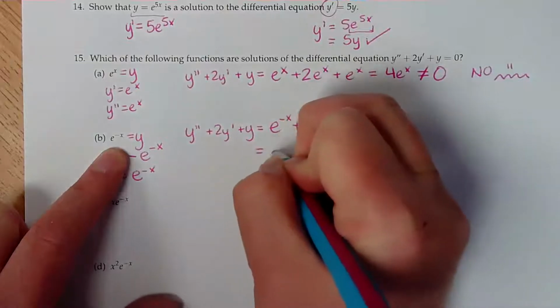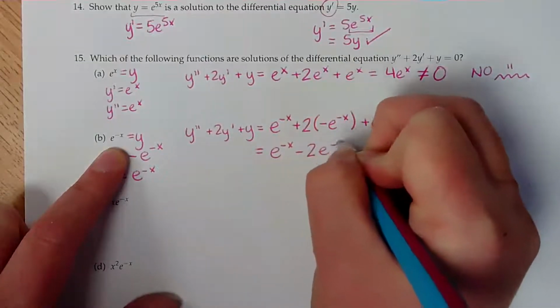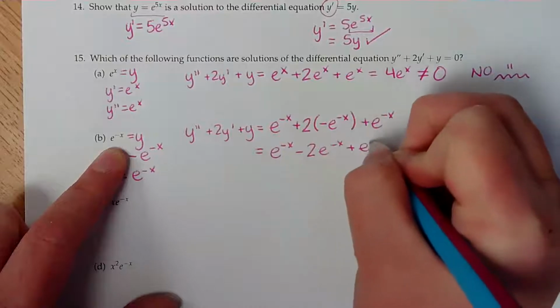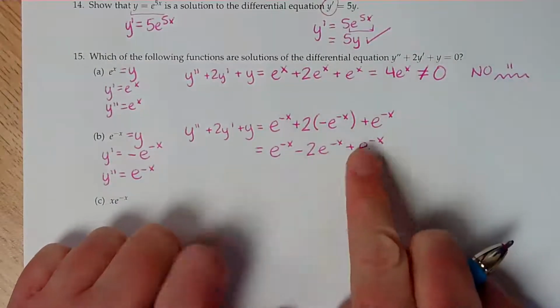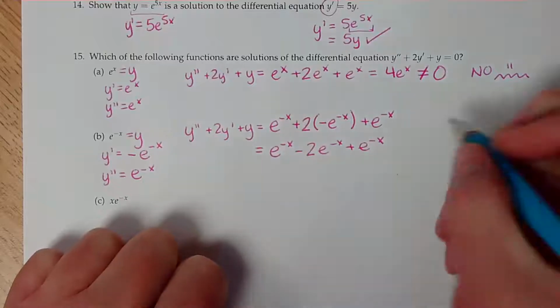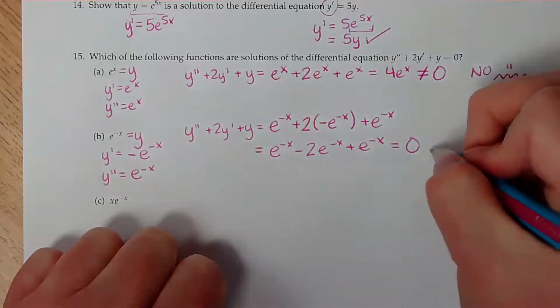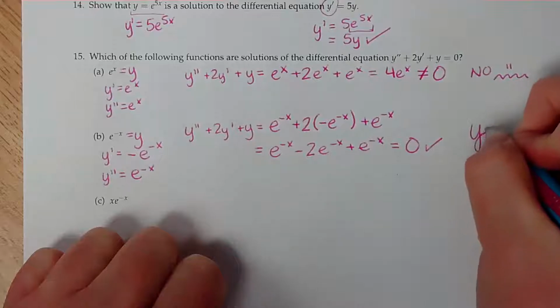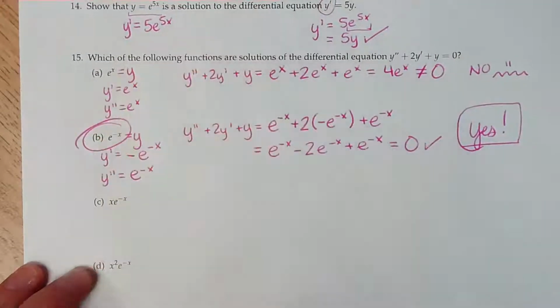So this is equal to e to the negative x minus 2e to the negative x plus a positive e to the negative x. So I have 2e to the negative x minus a 2e to the negative x. That is equal to 0, which is what I'm hoping for. So yes, this is the solution.